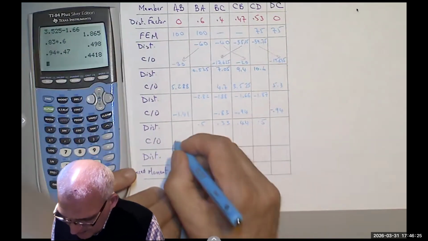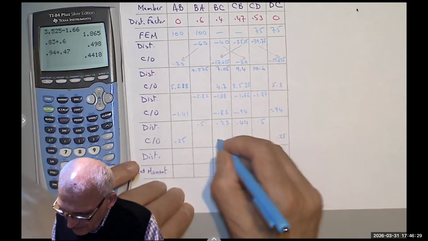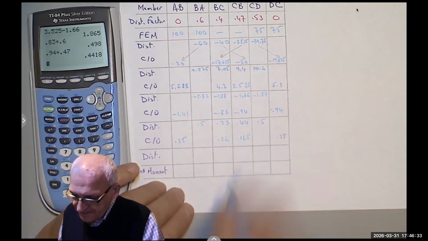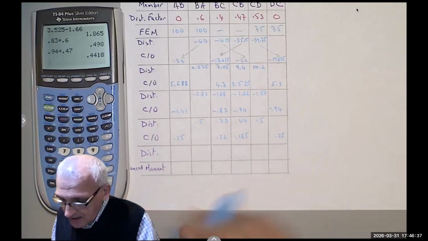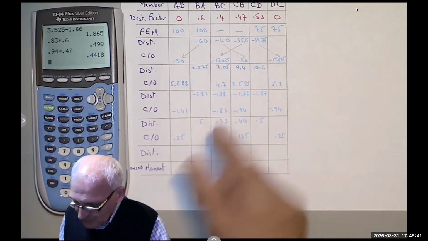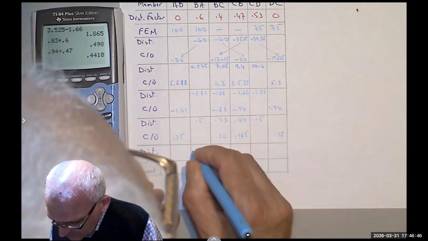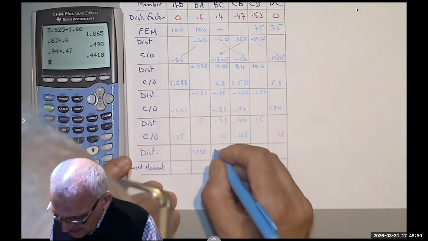So this will give me 0.25, 0.25, 0.22, and 0.165. And the last distribution, the 0.22 times 0.6 is 0.132. Negative 1.32, and times 0.4 is negative 0.88.